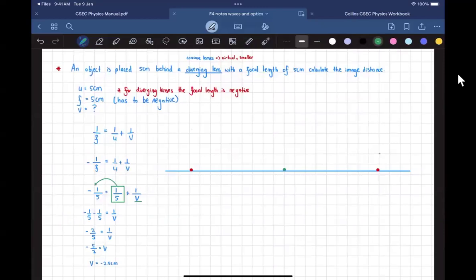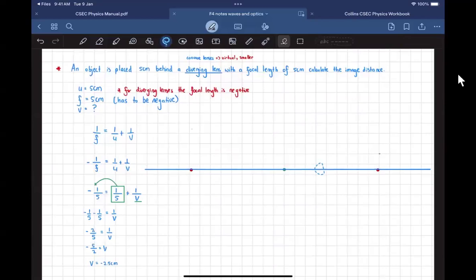Is our image distance more than the object distance? You sure about that? My object distance is 5 centimeters. Oh, no. The object distance is more than the image distance. Right, and that's an easy way to figure out if it's smaller or bigger. Easiest way.